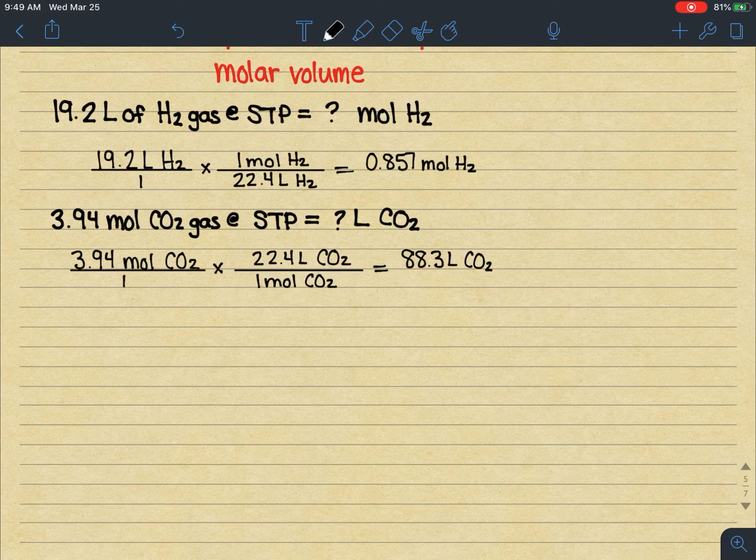We need to be able to determine how many milliliters of gas we are dealing with, because we're dealing with very, very small quantities. And then we need to be able to work backwards and figure out how much chemical I should use to create that reaction. So this is really useful information to know going forward.